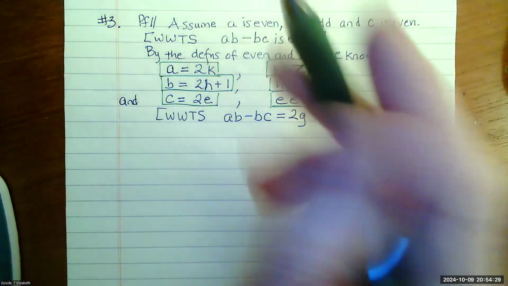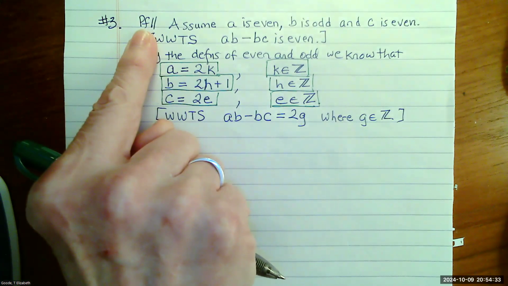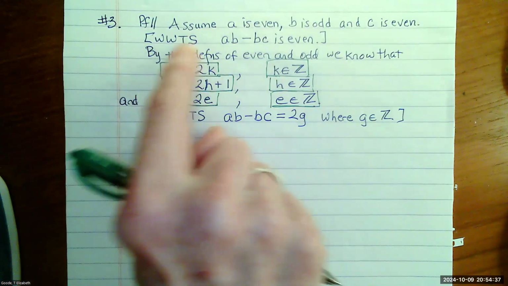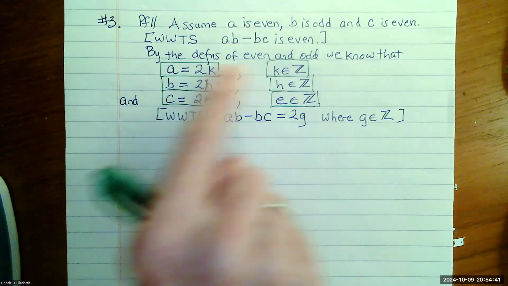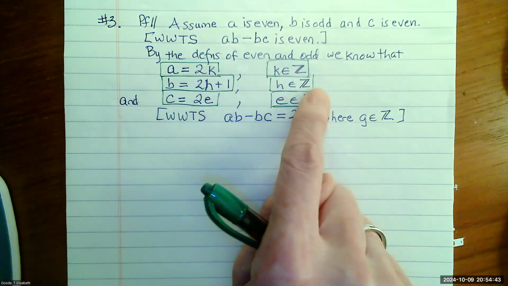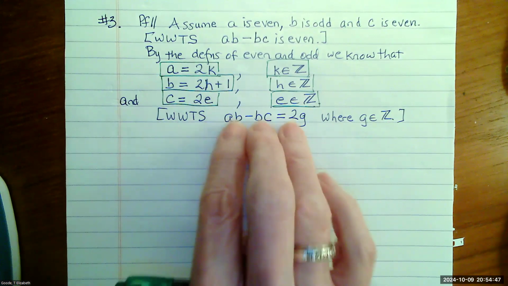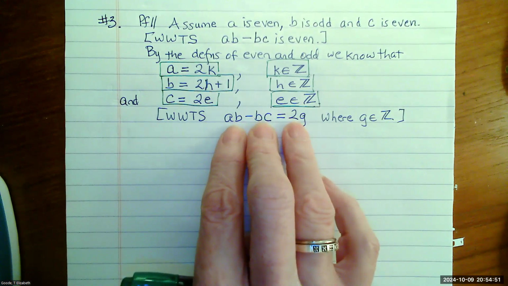But we're indicating where our proof begins, and we're stating our hypothesis, and we're stating our wish. And now we've used the definitions, right? And now we're actually going to try to do what we wish to do. We want to look at AB minus BC.